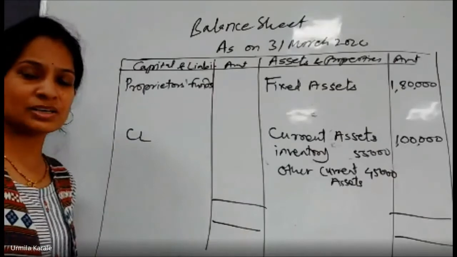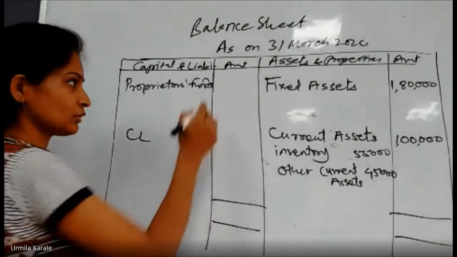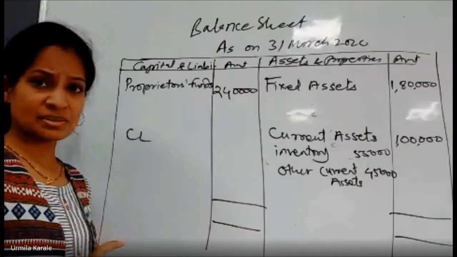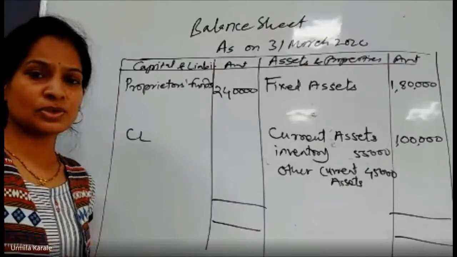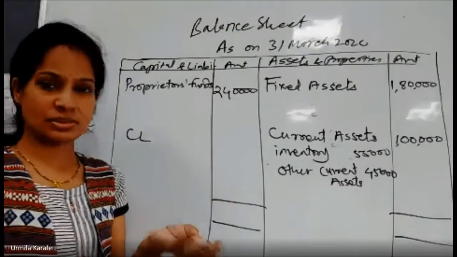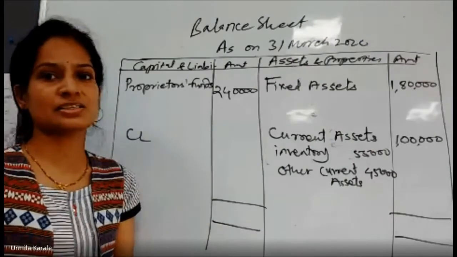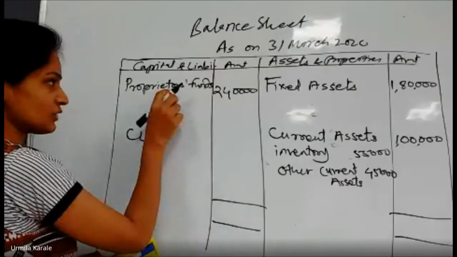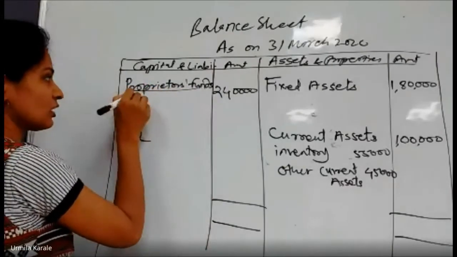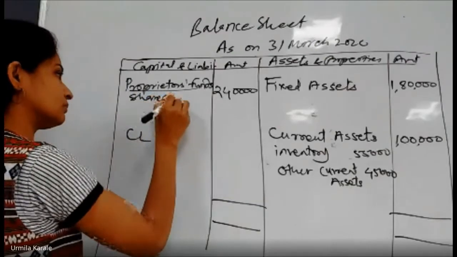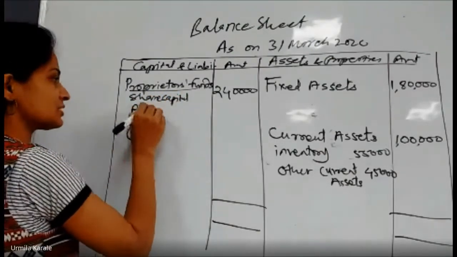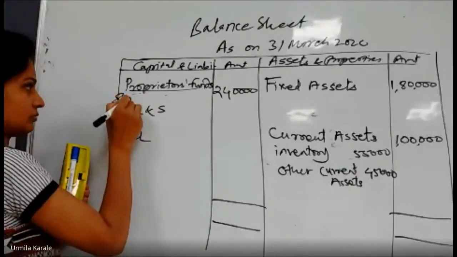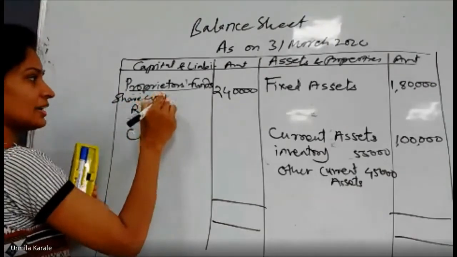Now come to the liability side. How much was the proprietors funds? 2,40,000. Okay. But now say in the sum they have also given you reserves and surplus. So proprietors funds may consist of share capital plus reserves and surplus because that is again part of own capital. Now in that case, you can show proprietors funds separately in the inner column as share capital and reserves and surplus.